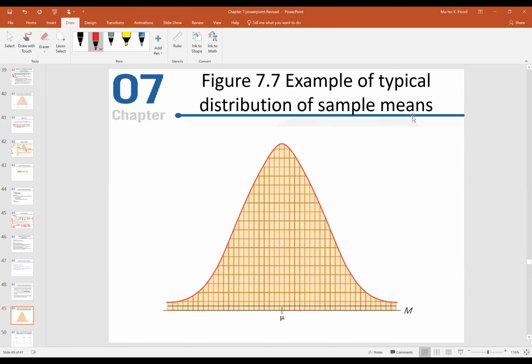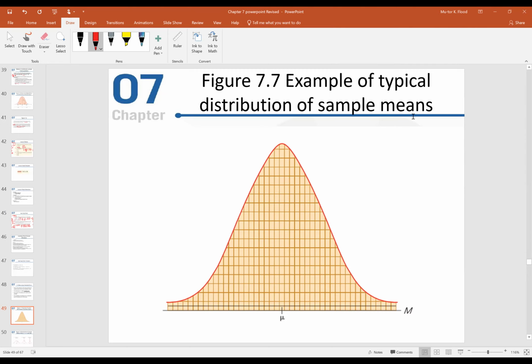All right, so here's an example of a typical distribution of sample means. All these square boxes are sample means. Each of the small boxes represents the mean obtained for one sample. 50% of those sample means are smaller and 50% are bigger, with most of the means being really close to the center of the distribution.